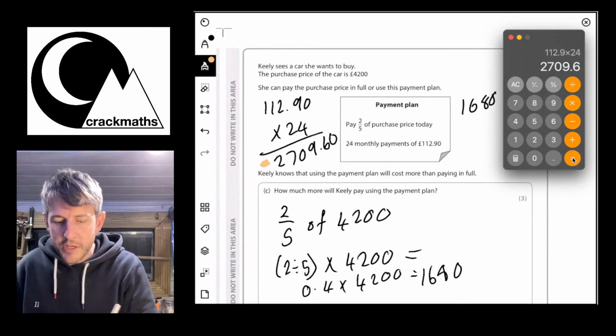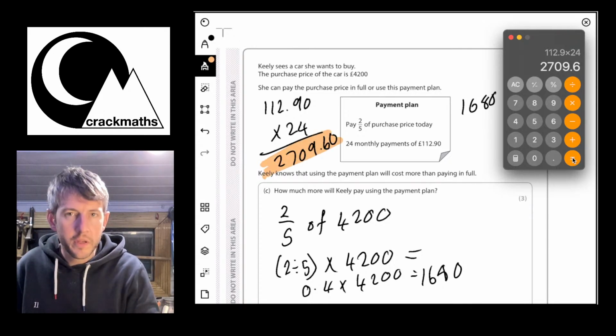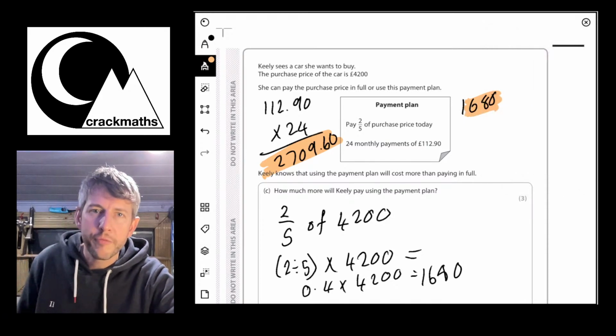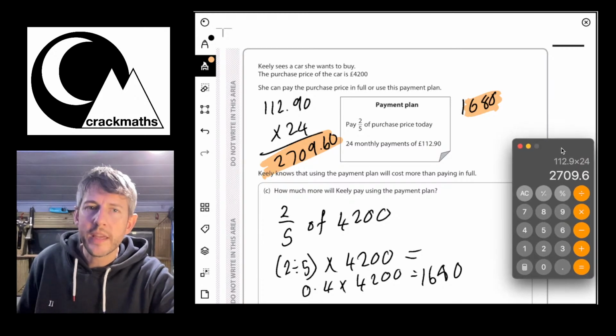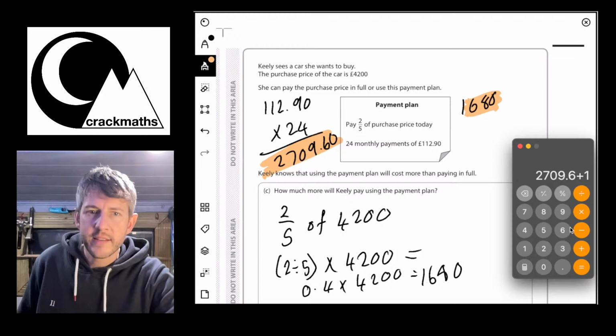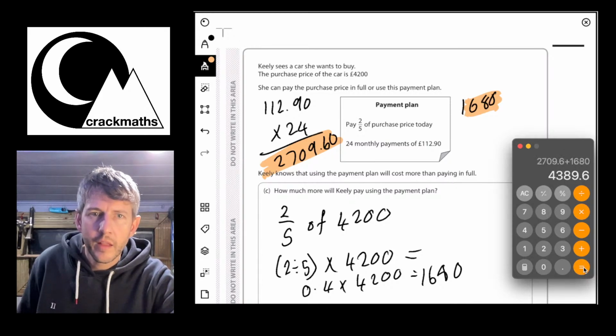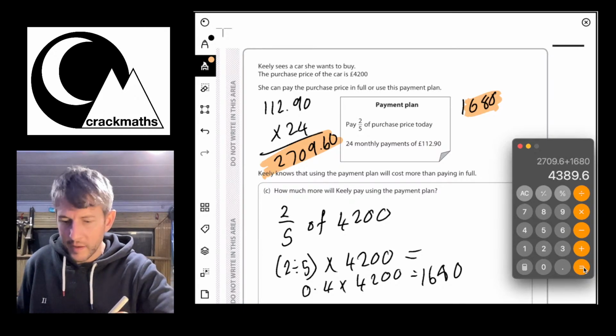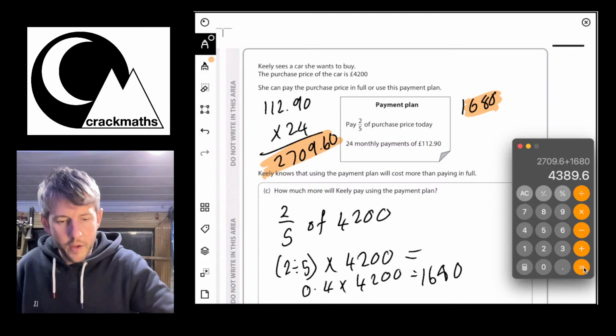So we know that she's paying this in monthly instalments, and she's paying the 1,680 up front. So what we now do is we can add those together. So I'm going to add on 1,680, and that's going to equal £4,389.60.